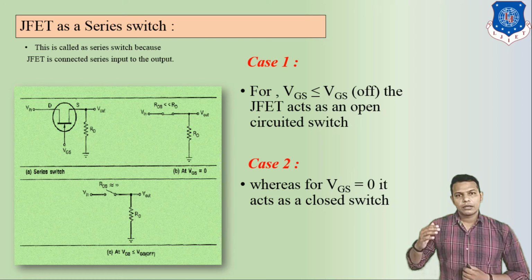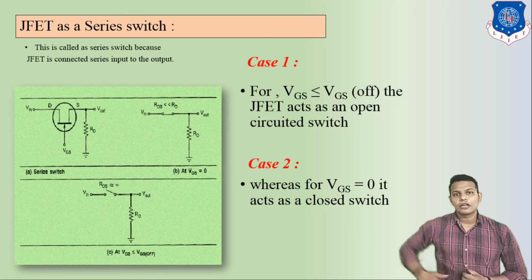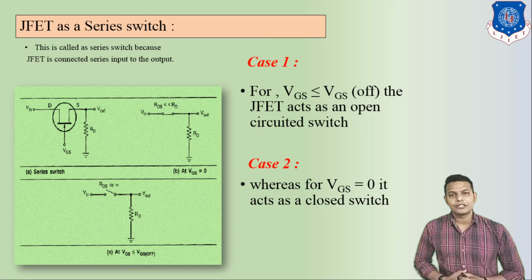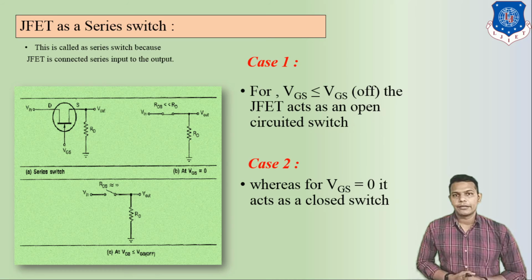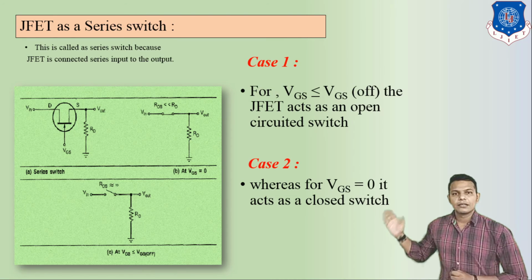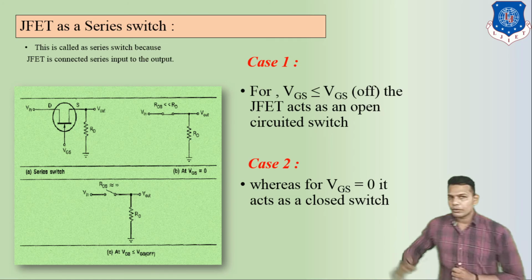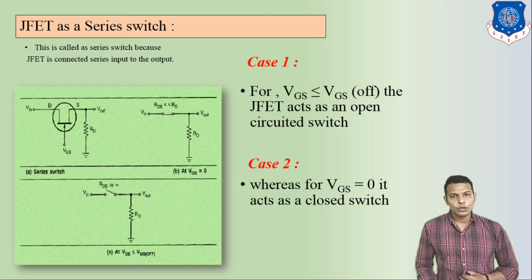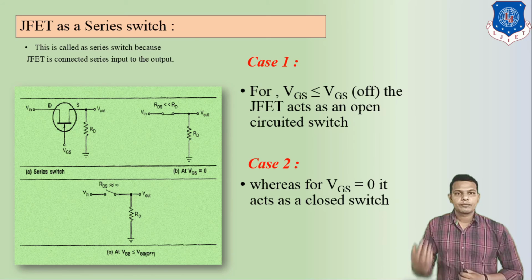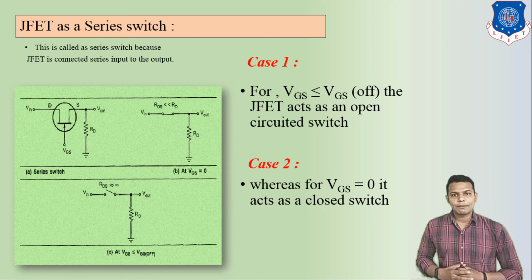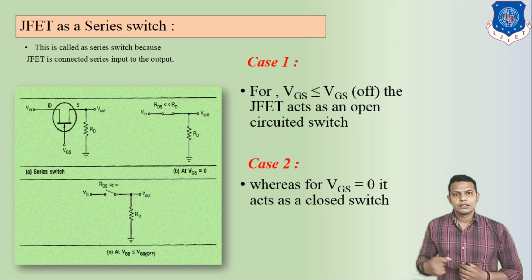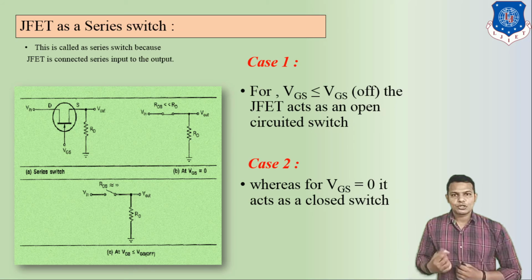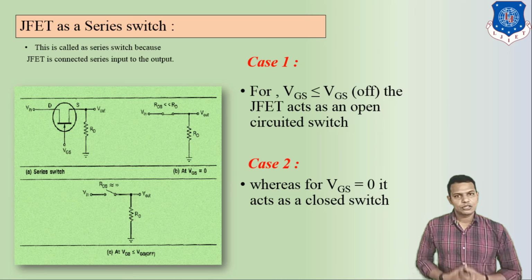If your input is more negative, it is below the cutoff region, and below the cutoff region there is no flow of current. So it is open circuited. Now in case number 2, if we apply VGS equal to 0, it becomes a closed switch. That means there is a path from input to output, so there is a flow of current, which is known as a closed switch.